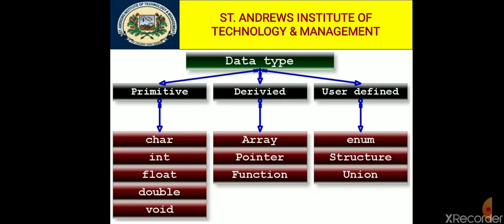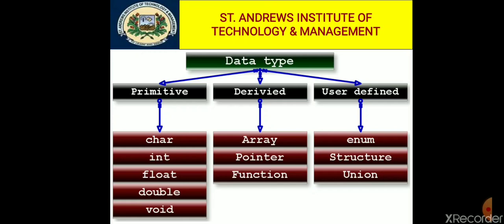So second is structure. So what is structure? If we think about structure, that means any pattern or any format. So the data type used to group a number of data items together to form a single entity is called a structure.